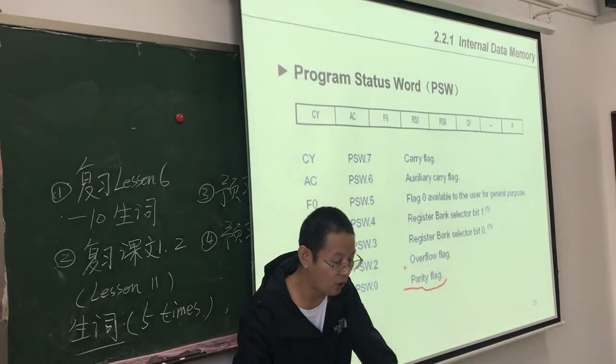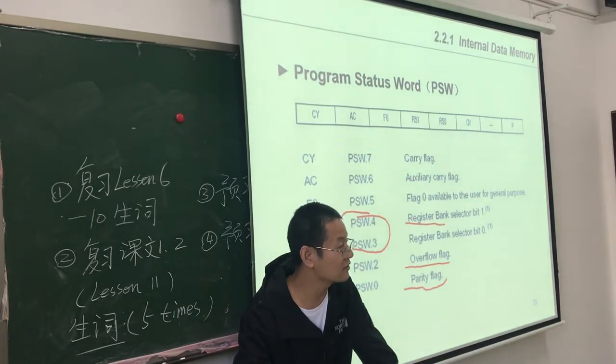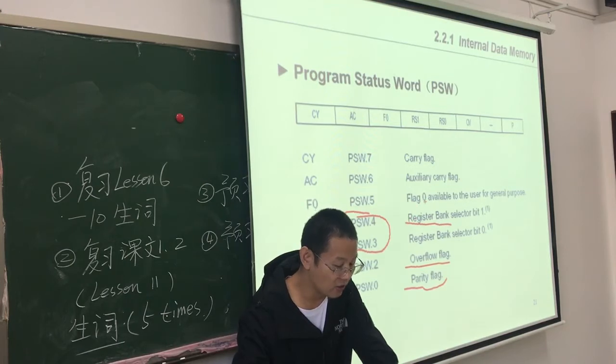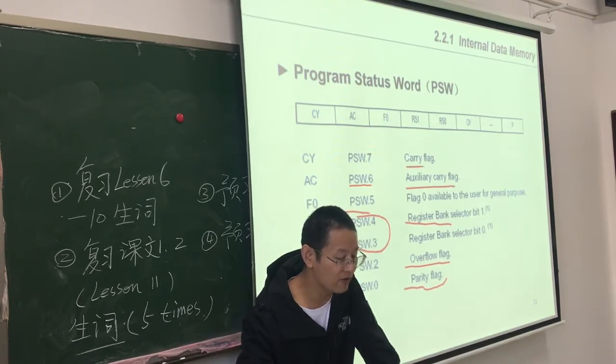Bit 2, overflow flag. Bits 3 and 4 are for register select. Bit 5, flag 0, available to a user for general purpose. Bit 6, auxiliary carry flag. Bit 7, carry flag.